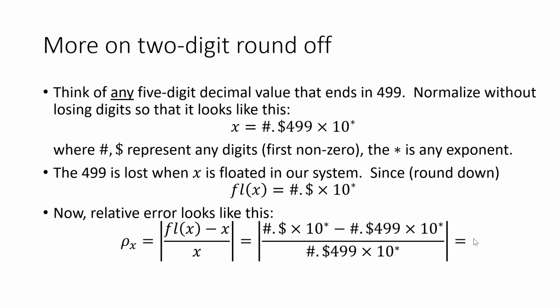So I want to steer you towards recognizing that the bound of this relative error is actually the machine epsilon. Towards that end, I want you to imagine any 5-digit decimal value for our incoming x that ends in a 499. And I want to talk about normalizing.